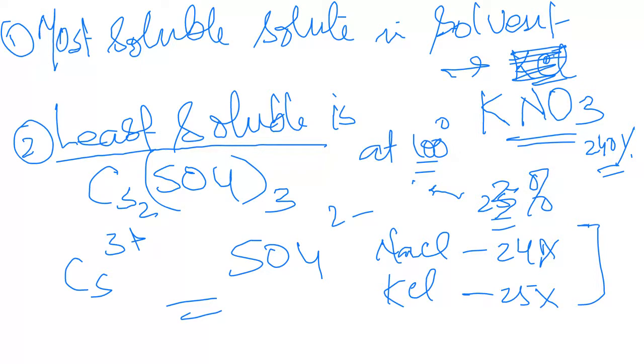The partial pressure of nitrogen gas in the atmosphere is 0.78. So you can write here C is equal to kP. K is given at 1 atmosphere, so the constant you will get here is 6.8 times 10 to the power minus 4.